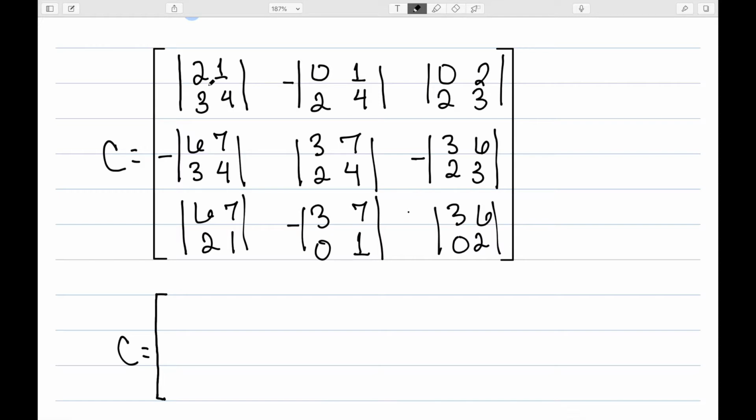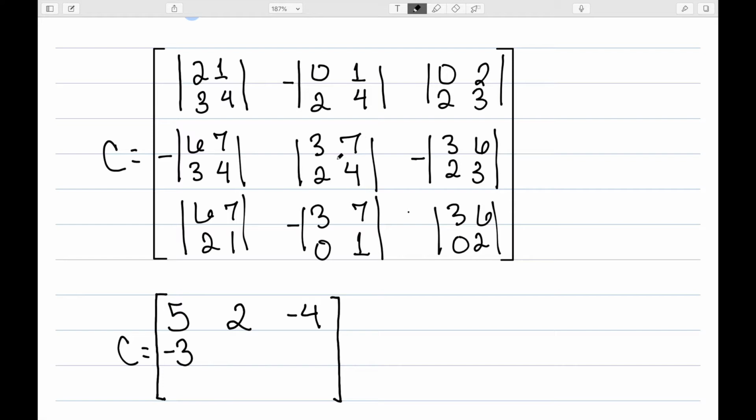The first term, 2 times 4 is 8, minus 3 is 5. The second one, I have 0 minus 2 to get -2, and then we have another negative sign, so that makes it +2. Here I have 0 minus 4, that's -4. Moving to my second row, 6 times 4 is 24, minus 21 is 3, and we have this negative sign, so -3.